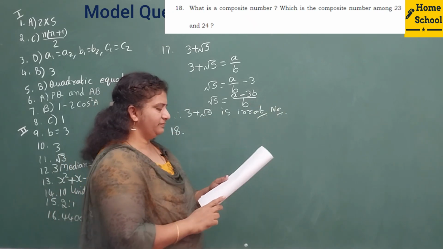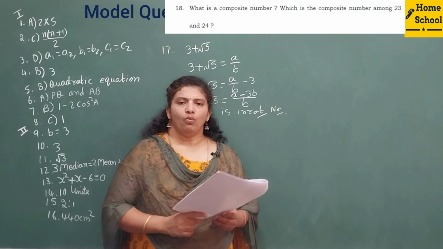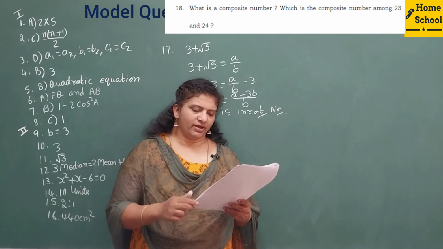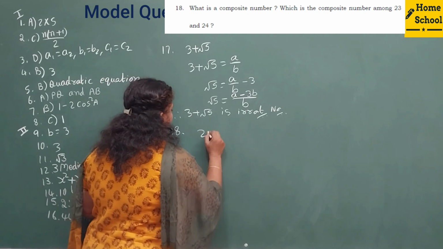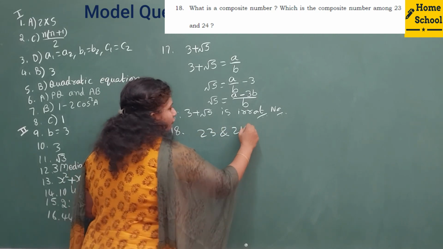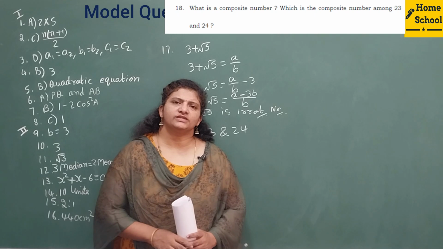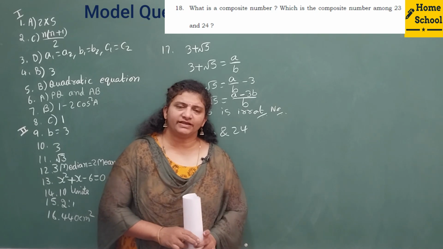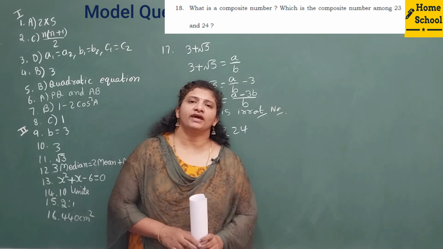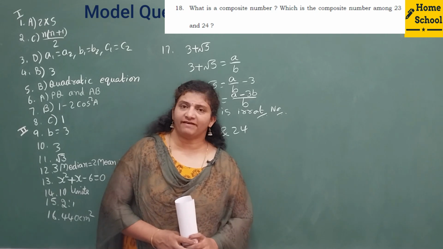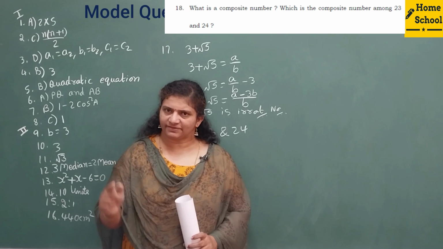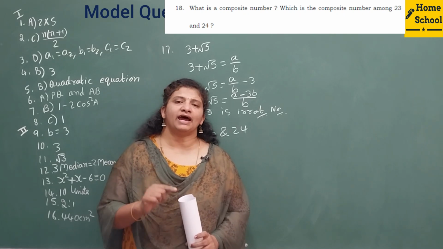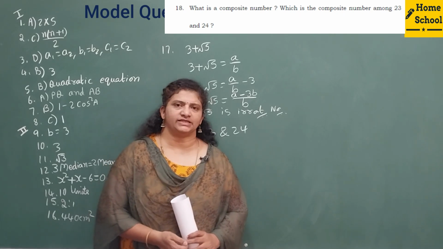18th one. What is a composite number? Which is the composite number among 23 and 24? What is a composite number? A positive integer with more than 1 and itself as factors. If you have more than 1 and itself as factors, then that number is called a composite number.